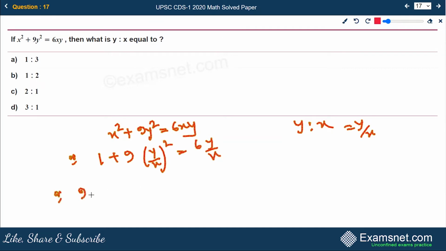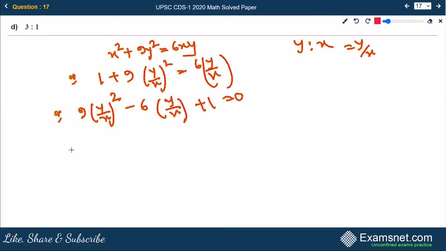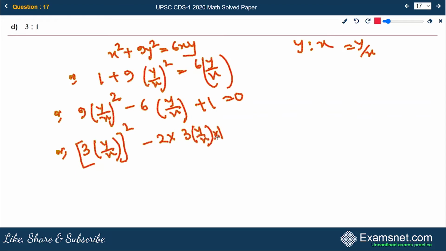Now let's bring 6 y by x to the LHS, it will become 9(y by x) square minus 6 y by x plus 1 equals 0. So it's in the form of a minus b whole square. How, I will show you. a square minus 2ab plus b square.